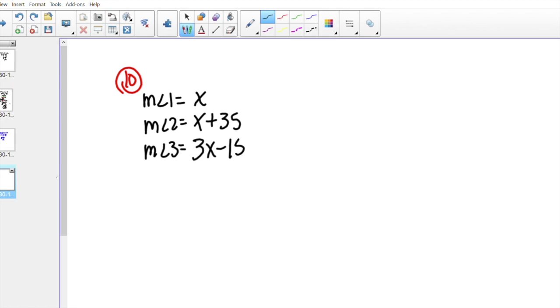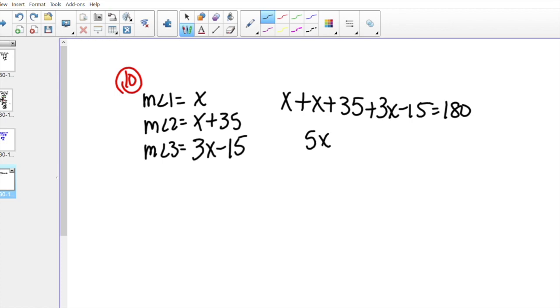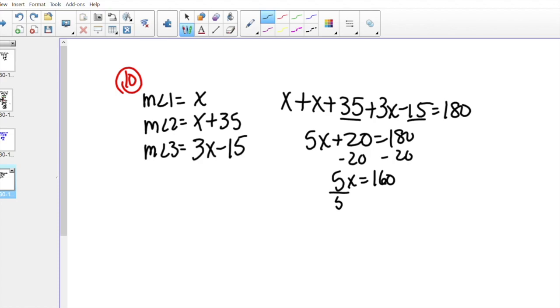Now what is the sum of the measures of the angles of a triangle equal? 180. So that's 5x plus 20. Y'all get how I got 20? Yes or no? Well, then you subtract it from both sides and you get 160 divided by 5.